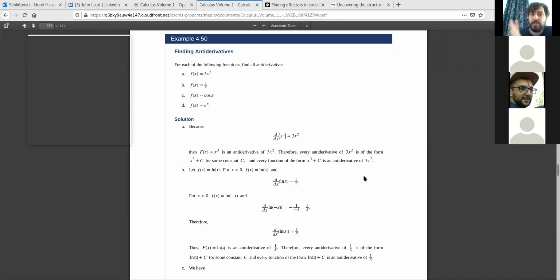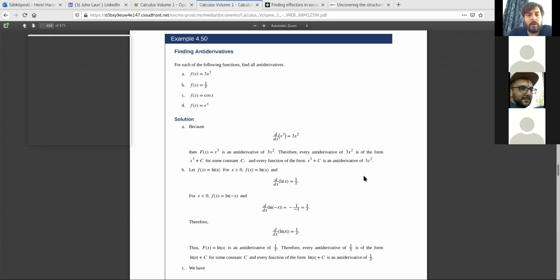Not the antiderivative, an antiderivative, one of them. But 3x squared is also the derivative of x to the 3 plus 5, x to the 3 plus 1.012, and so forth. So anything added to it, any constant. Every function of the form x to the 3 plus some constant c has the derivative 3 times x to the 2, sorry, should have had more coffee.